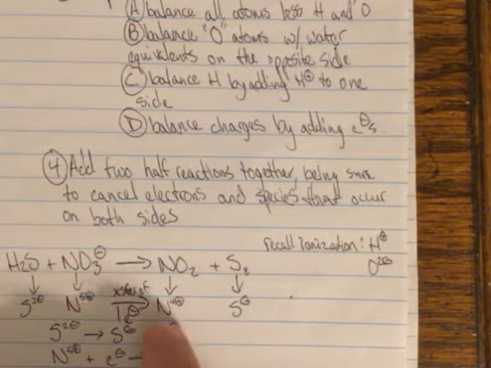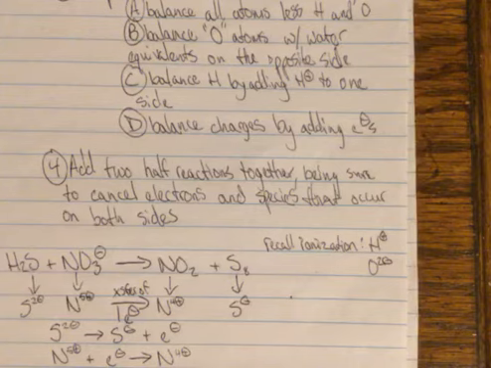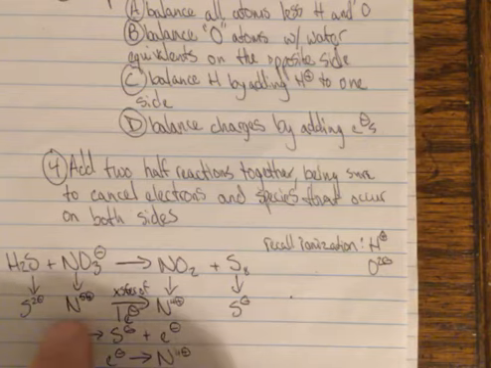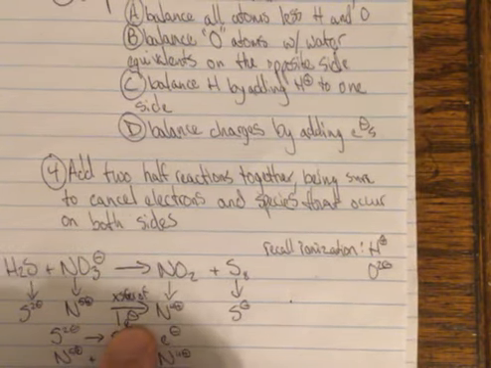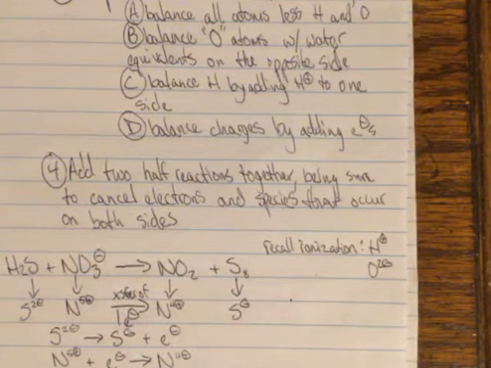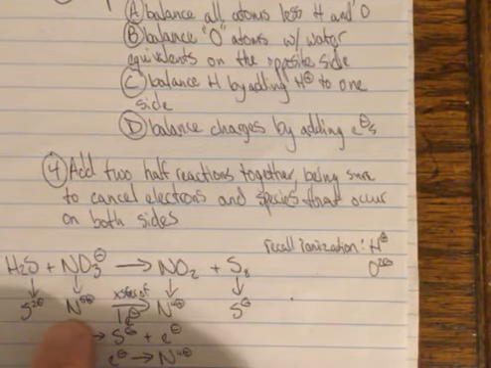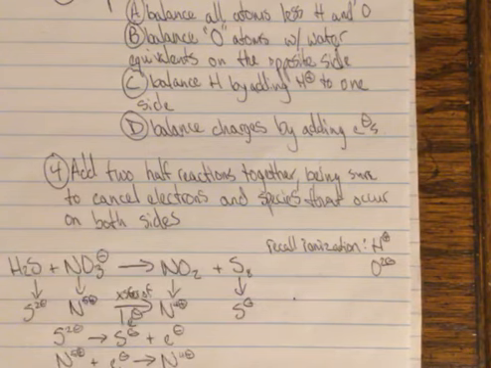That means nitrogen has to have a net charge of 4+. Its oxidation number is 4+. So notice how nitrogen has gone from 5+ to 4+. That means there needs to be a transfer of exactly 1 electron. So nitrogen picked up 1 electron to go slightly lower in oxidation.